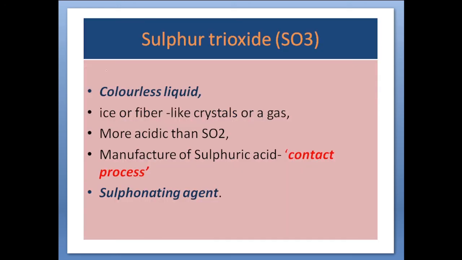Some characteristics of sulfur trioxide: it is a colorless liquid. It can also exist as ice or fiber-like crystals or a gas. It is more acidic than sulfur dioxide. In the contact process, it is used in the manufacture of sulfuric acid, H2SO4, and it is used as a sulfonating agent for organic compounds.